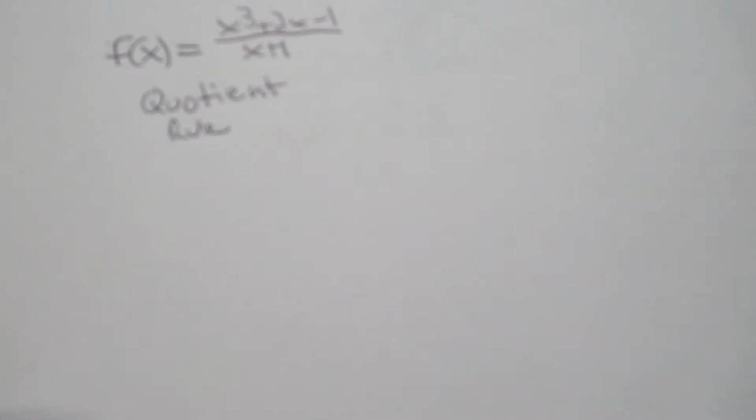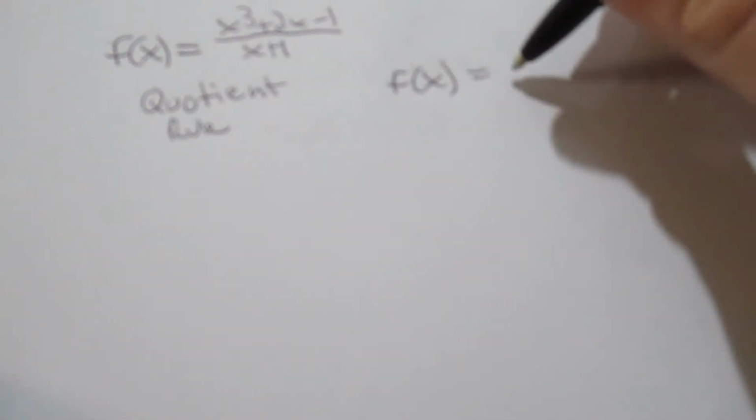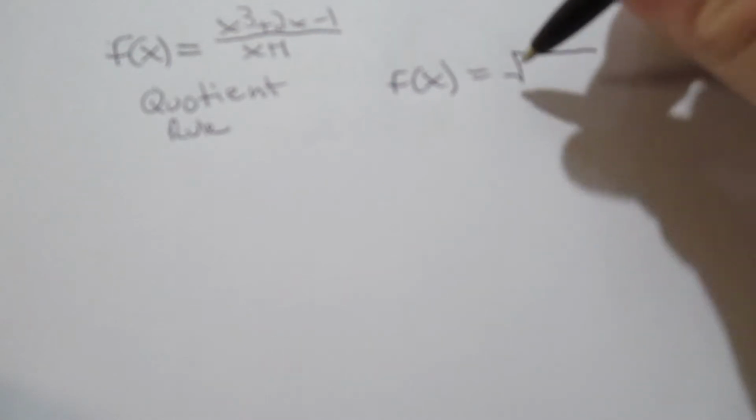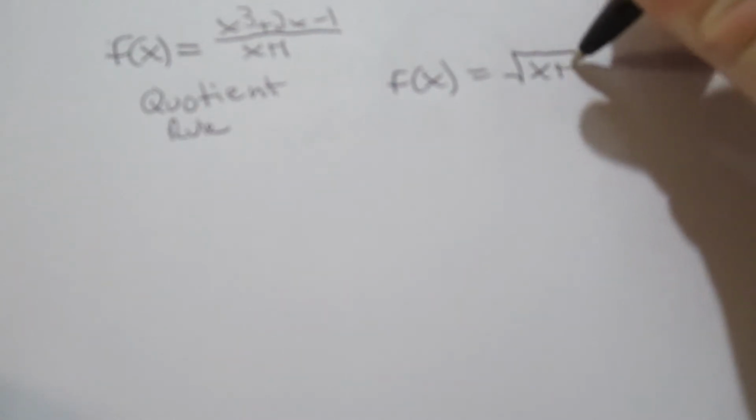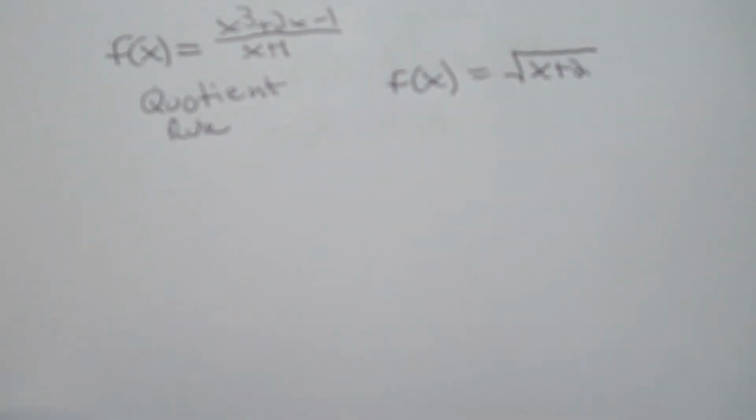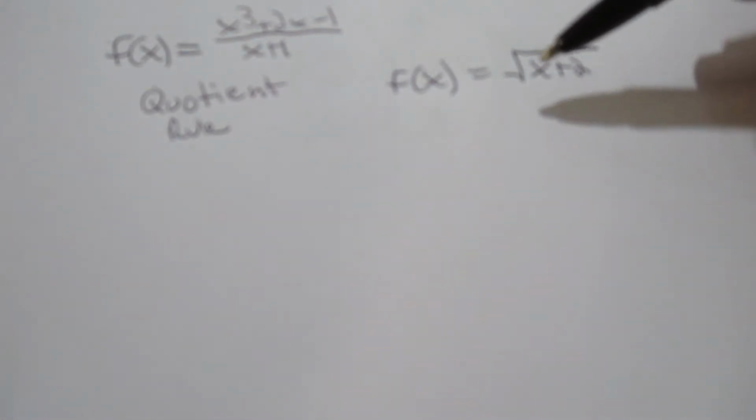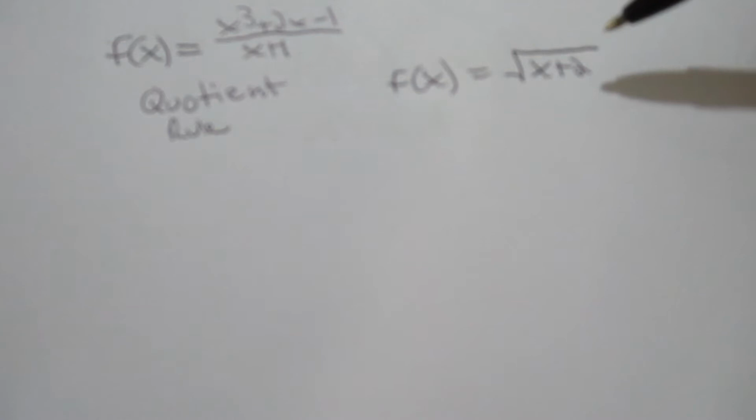And then let me write down another example problem here. F of x equals the square root of (x plus 2). This one's a little bit trickier, not as dead of a giveaway as the first one. So if you haven't guessed it, it's actually the chain rule, believe it or not.